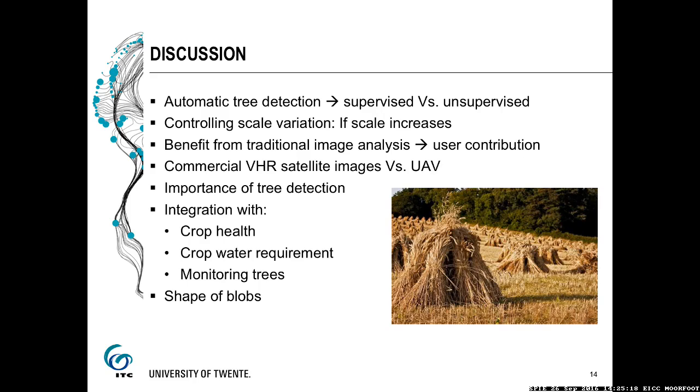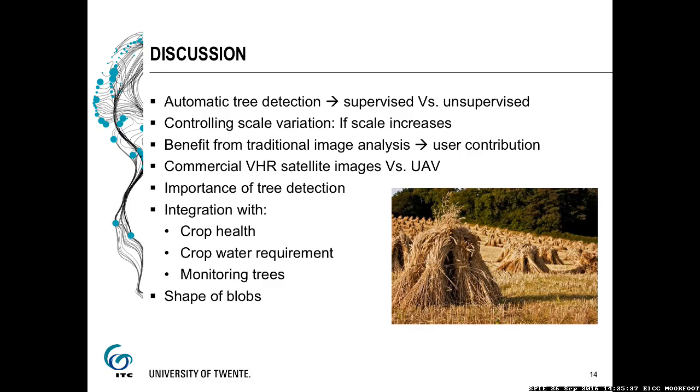So controlling the scale variation is really important in this study. And as I mentioned earlier, if the scale increases, we miss some information. So it's really important how to treat the scales.